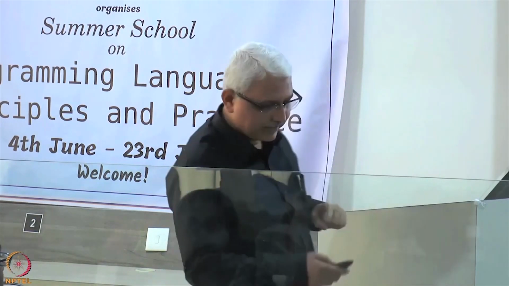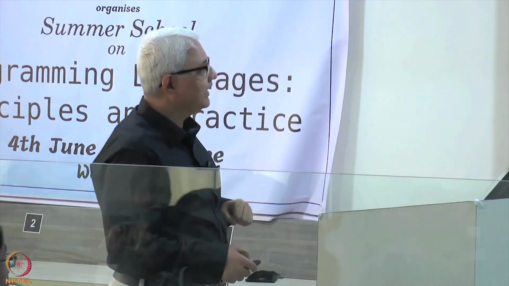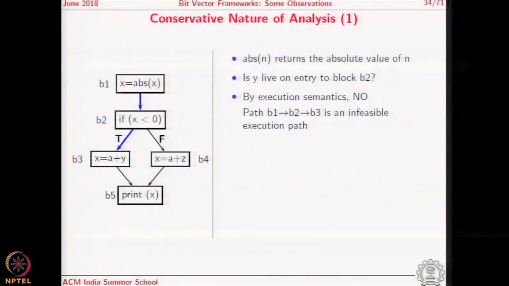The interesting thing is that by the execution semantics, no, because this execution path is an infeasible execution path. Absolute value of x can never be less than 0, and this is where y is being used. So, by program semantics y is not live, but we are not executing the program, we are doing static analysis.